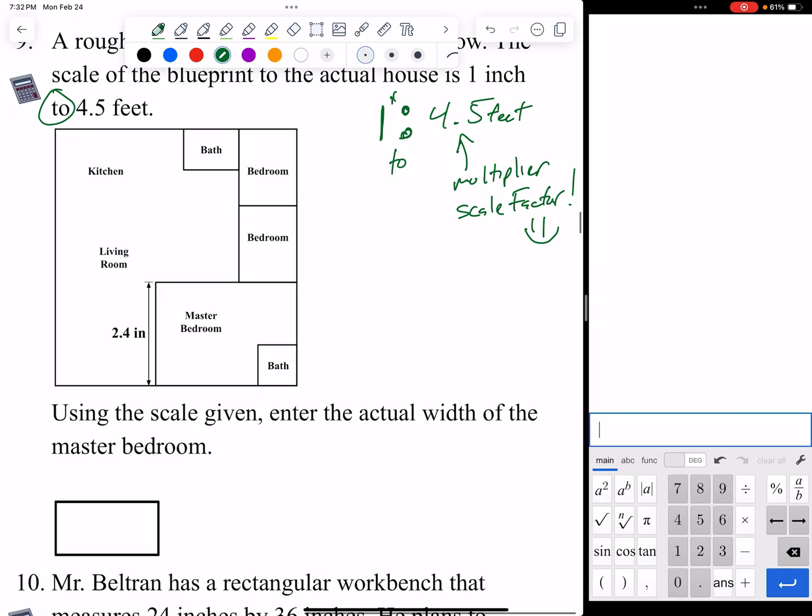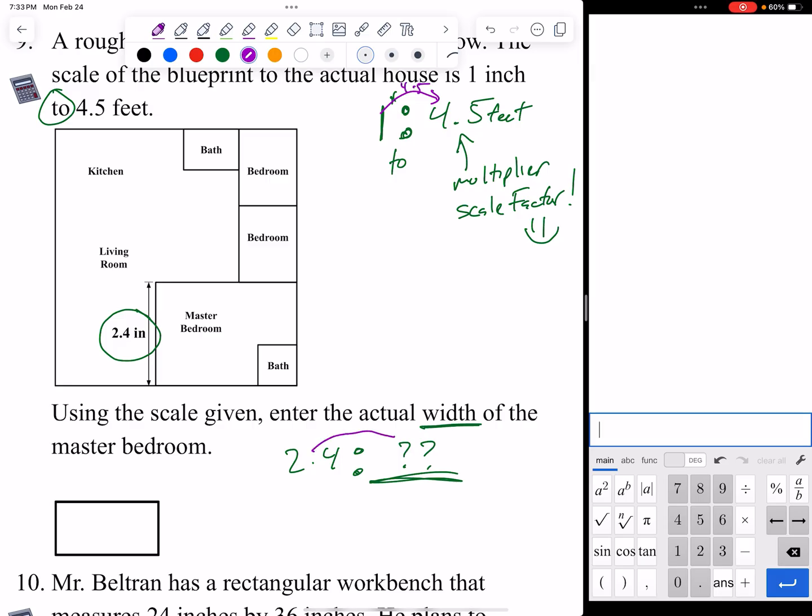So using the scale given, enter the actual width of the master bedroom. Notice they gave me a number. It's 2.4 inches. Your job is to do the width of the master bedroom, which is right here. So what is it? Well, again, how did I get from one to the other? I multiply by 4.5.